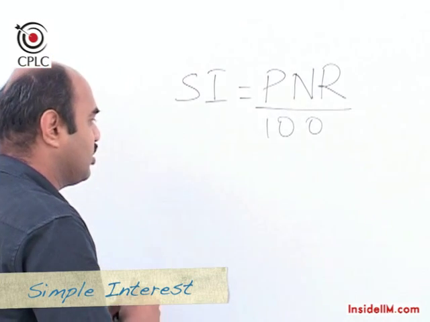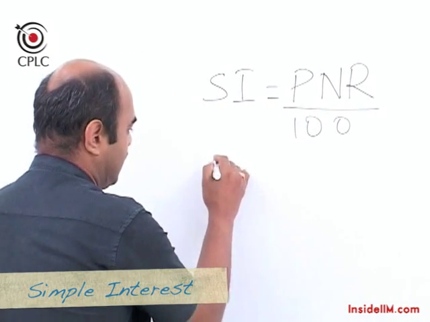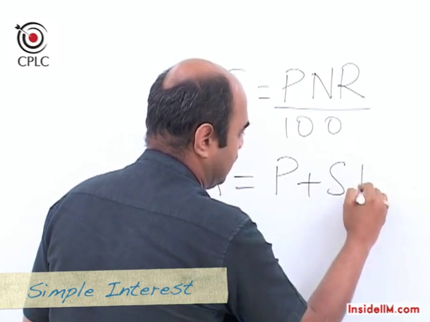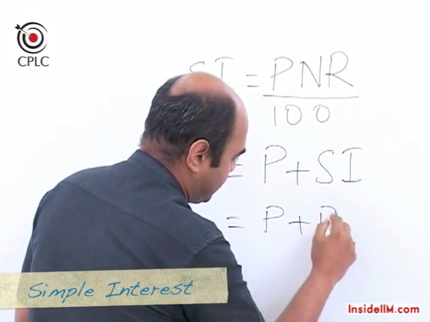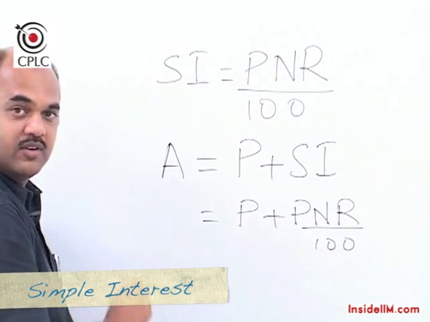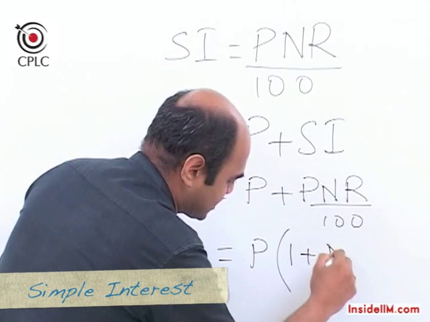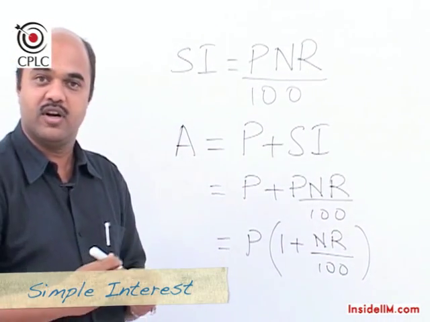But if we want to calculate the amount including the interest, then the formula for amount would be the initial principal plus the simple interest, which means P plus PNR upon 100, and hence amount can be expressed as P into 1 plus NR upon 100.